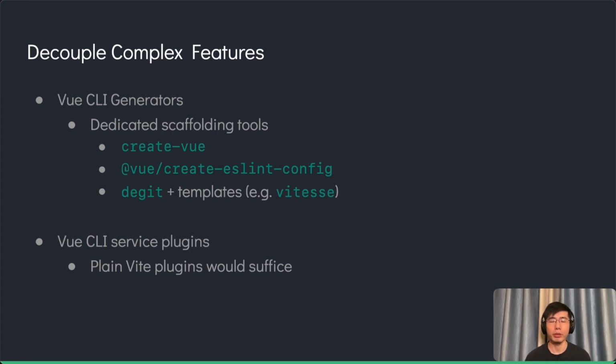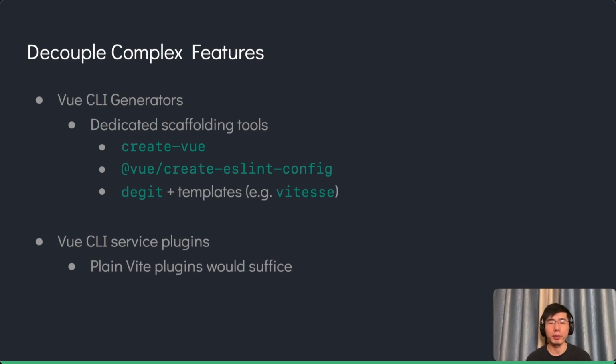And for those who are using their own templates or using older Webpack-based projects, we have the @vue/create-eslint-config package that is used for only creating the ESLint configurations for you. And if you want to have your own project templates, I think it is a good choice to create GitHub repositories as templates and use Git to download these templates for you.